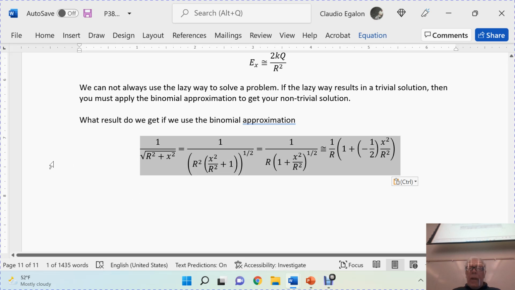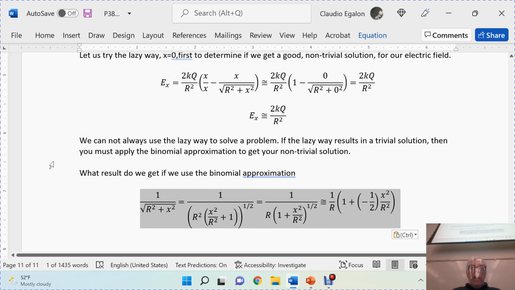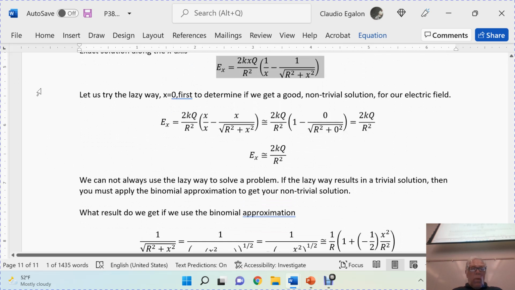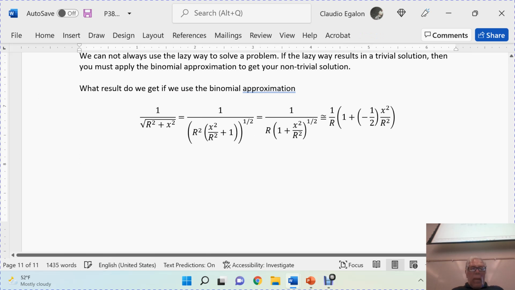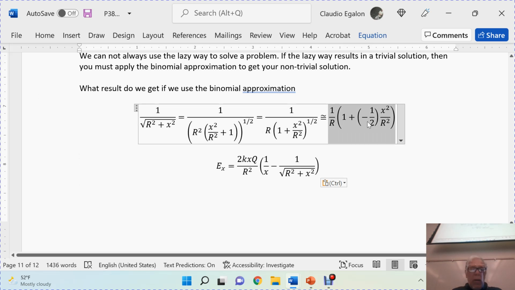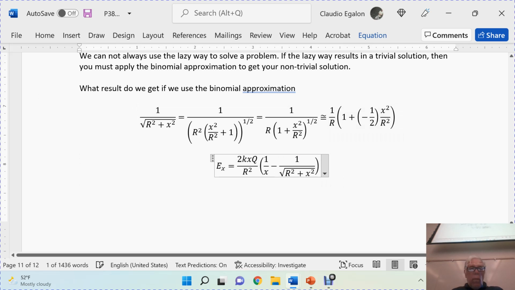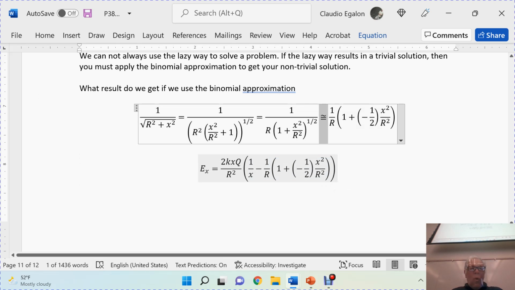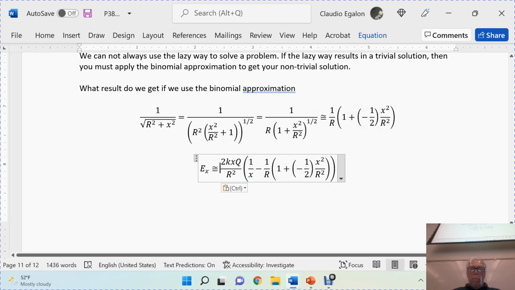And now let's substitute that into our exact solution. It's going to be a little bit messy. Right in here. And let's not forget that what was an equality becomes an approximation. This x goes inside.